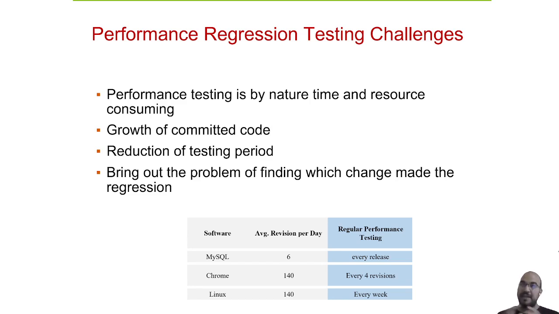Then they will test for performance while keeping their fingers crossed that they did not introduce a performance regression. Because if they detect a performance regression, they will have to go back and revert various commits, searching for the root cause of that performance regression. And this can be a nasty task, which is time consuming and human intensive.